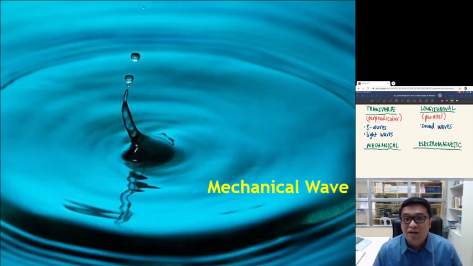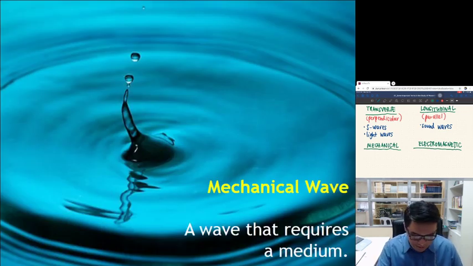So a mechanical wave is a wave that requires a medium. So it needs a medium to travel. For example, we have sound waves or water waves.